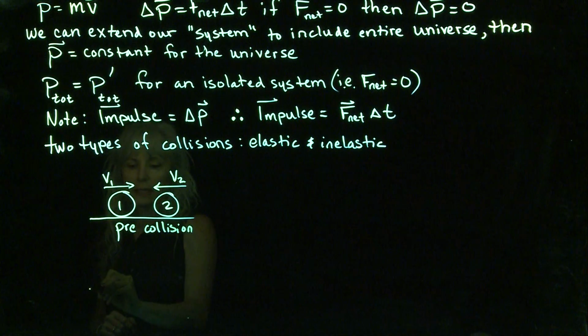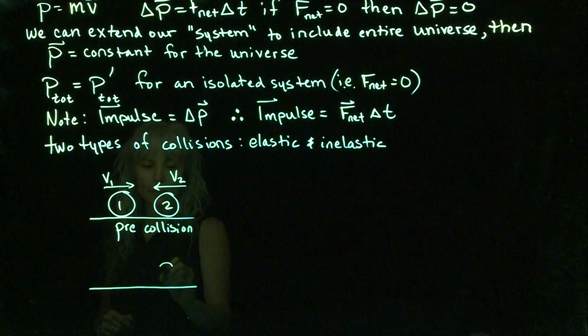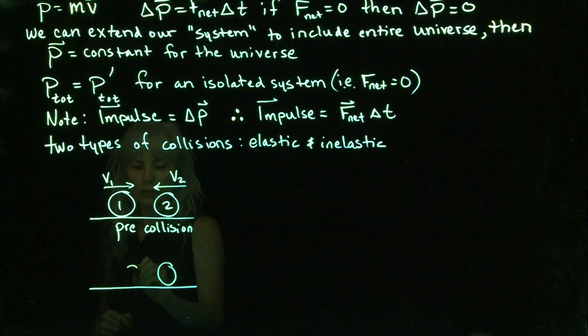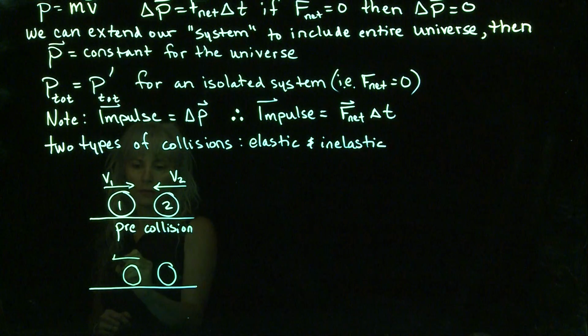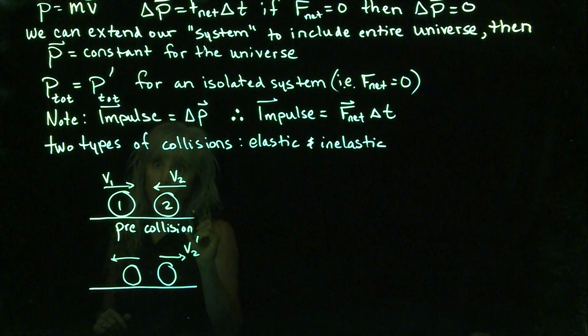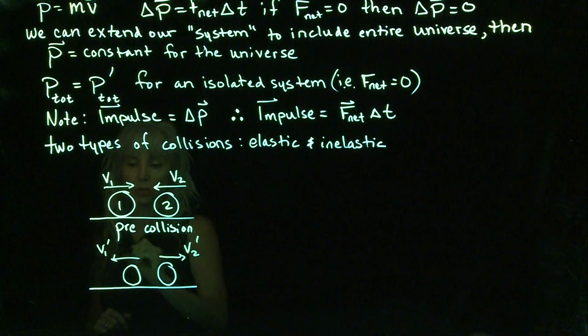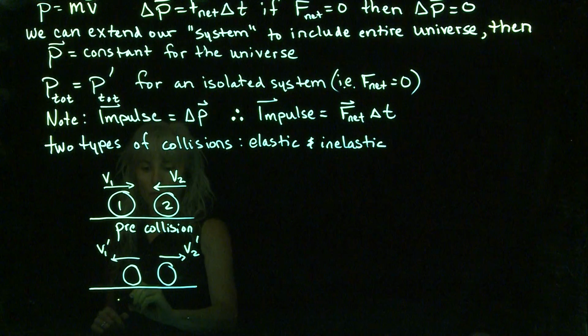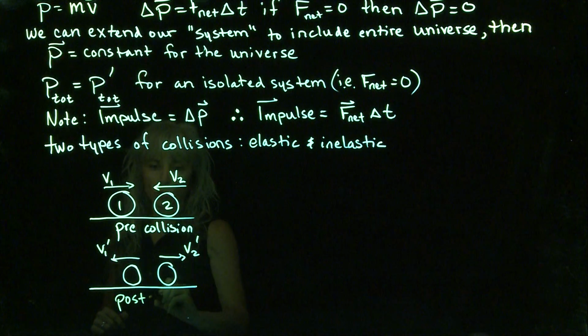And then they collide, and after the collision, they have some post-collisional velocity, which again, we're going to use prime symbols for post-collisional quantities. Okay, so this is post-collision.